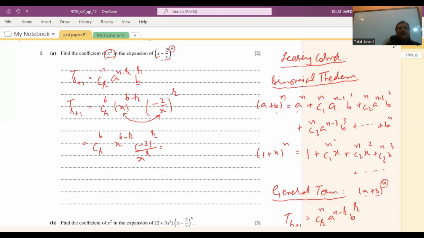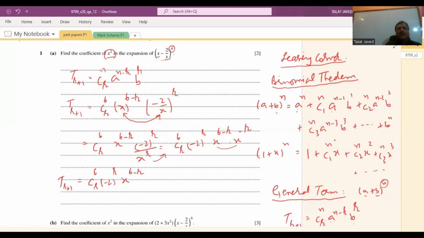When we take this x to the numerator, the sign of its power changes, so this will be 6Cr, minus 2 raised to power r, x raised to power 6 minus r, multiplied by x raised to power minus r. Now the bases are the same, so the powers are added. This gives 6Cr, minus 2 raised to power r, x raised to power 6 minus 2r. So this is T(r+1).